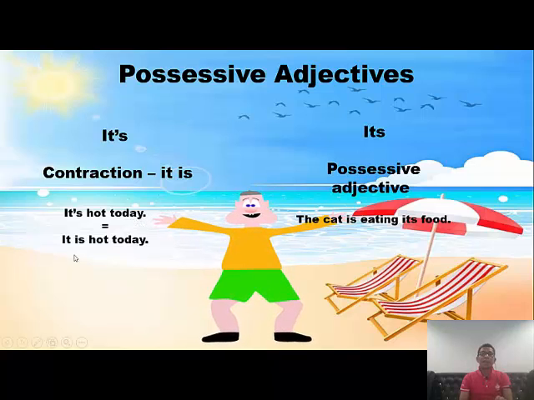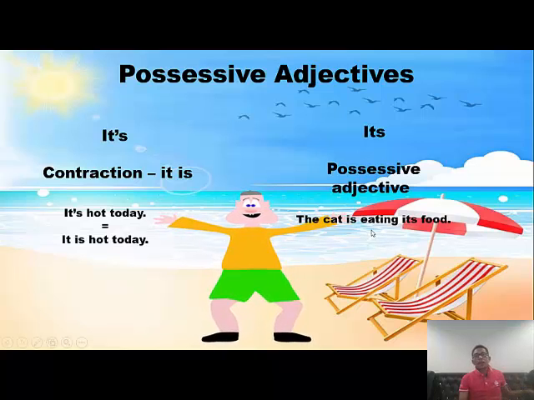It means it is hot today. But the possessive adjective: the cat is eating its food. That means the food belongs to the cat. All right? I really hope that you do not get confused between these two.